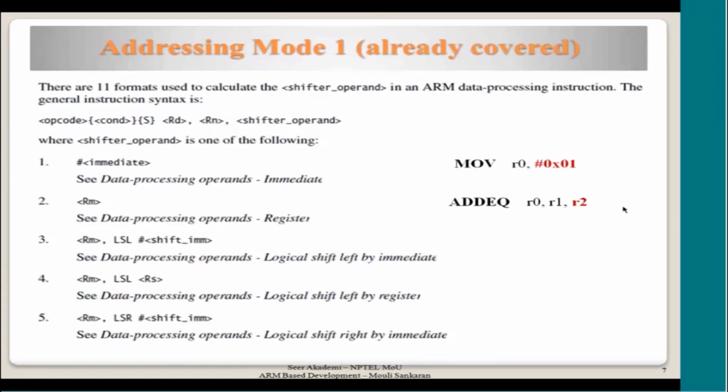Is there any operation done by the barrel shifter here for this register? No. The value which comes from the register file goes to the shifter without any changes, and enters the ALU without any modification, because you have not mentioned any shifting or rotating operation for this operand in this instruction.